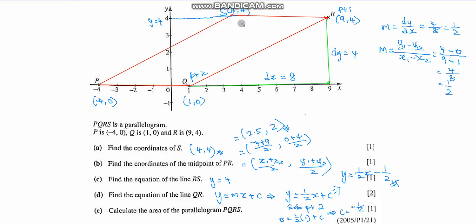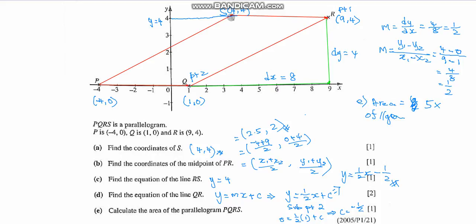Okay, to find the area of the parallelogram is very simple. The area of a parallelogram is equal to the base, which is this PQ, with a length of 5, times the height.